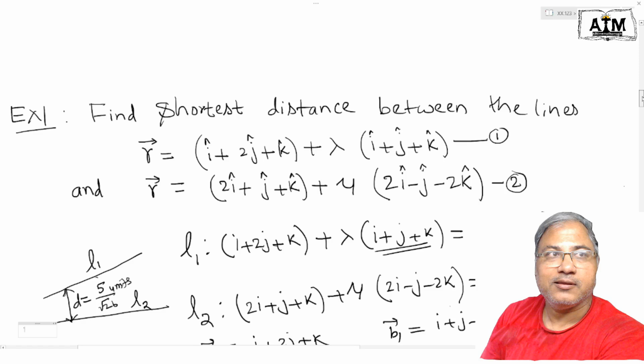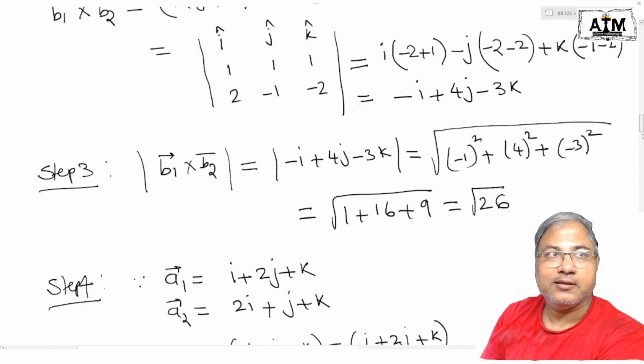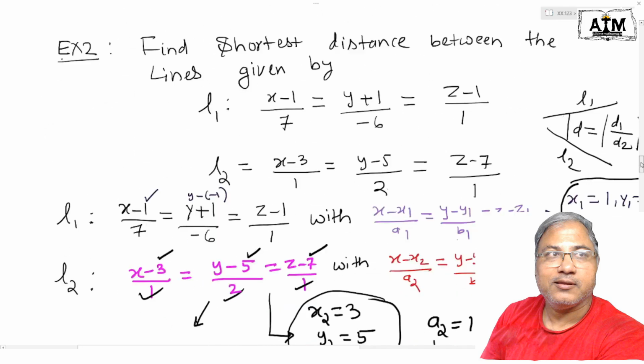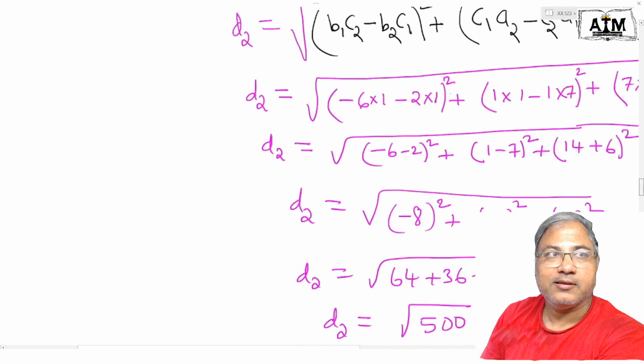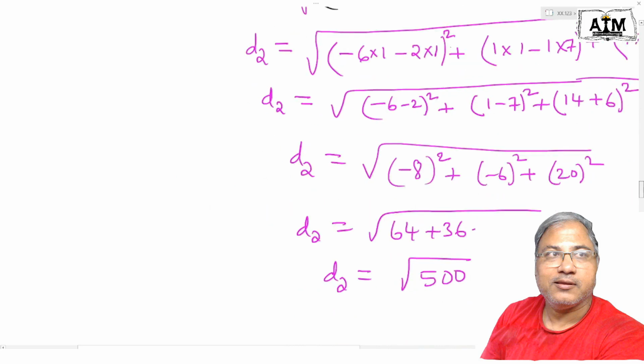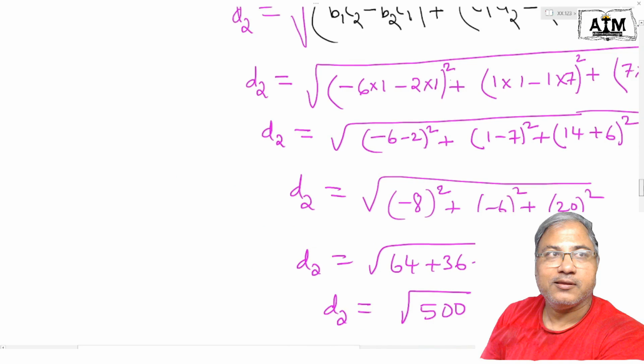Example 1 I have taken in vector form and example 2 in Cartesian form. So I have solved both types. These are the two examples majorly asked in every examination, in vector form and Cartesian form. And I have solved both in detail with all steps, and I am sure that you will grasp 100%.